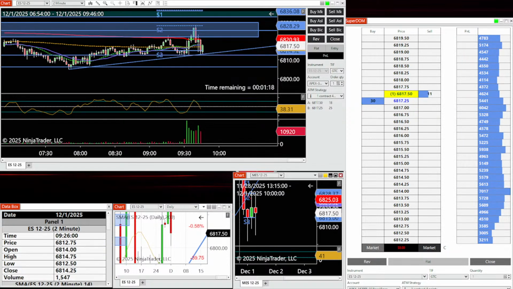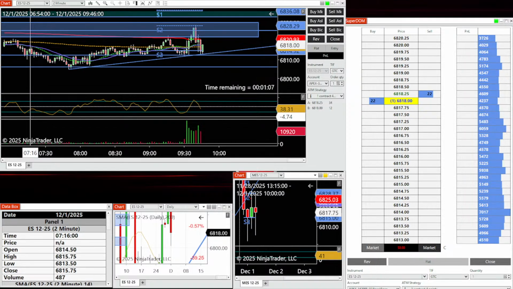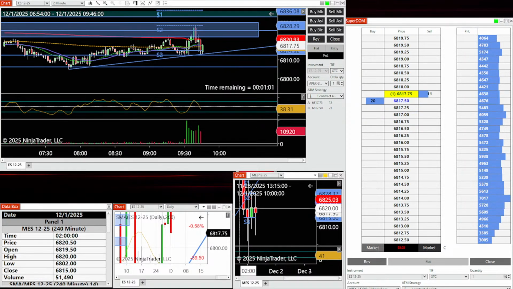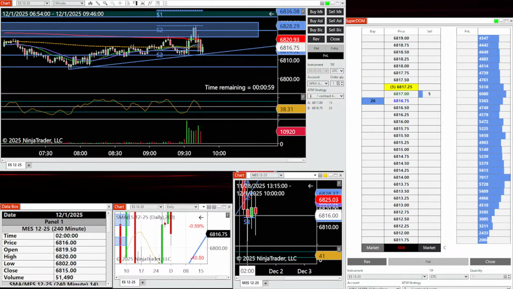Low volume node down here around 1150. So let's wait for 11:45, 10 o'clock, so we can just be bouncing, trading in between these ranges, 15 to 20.